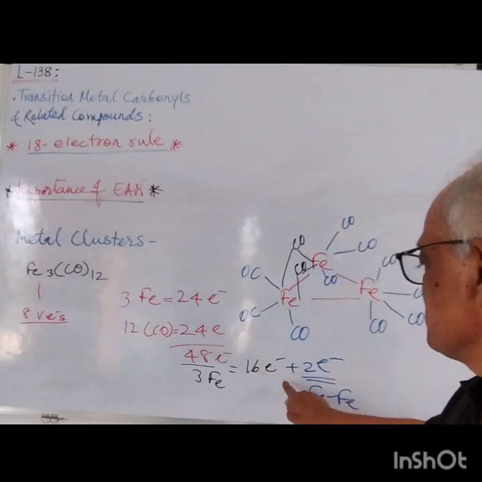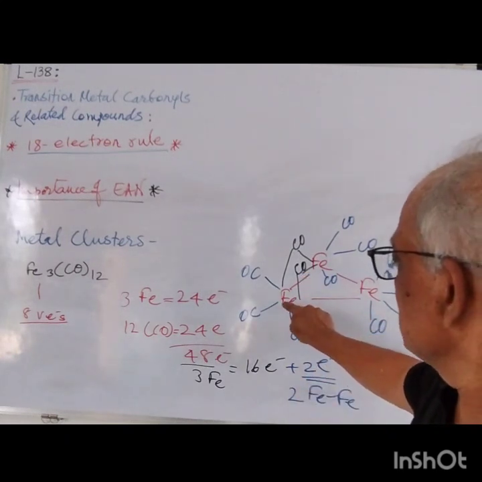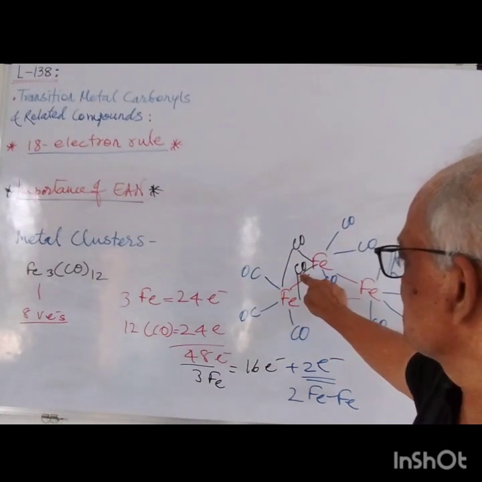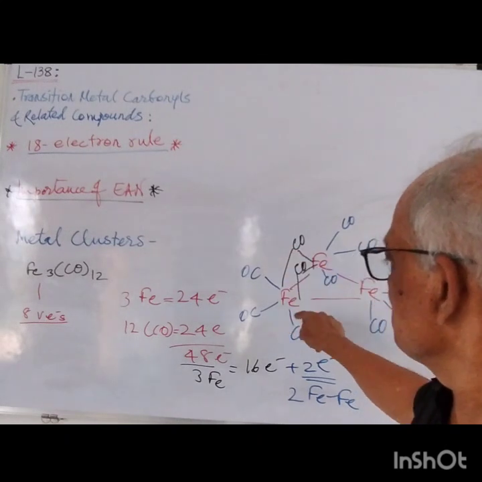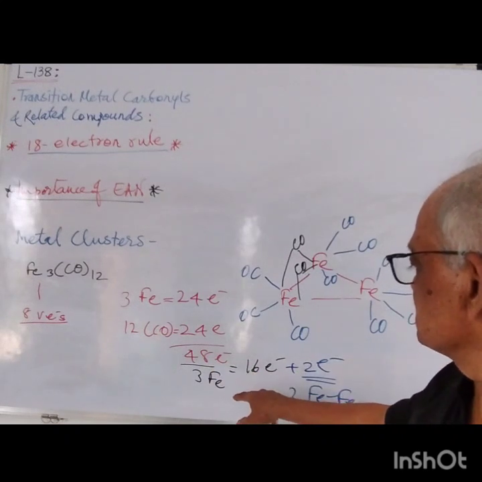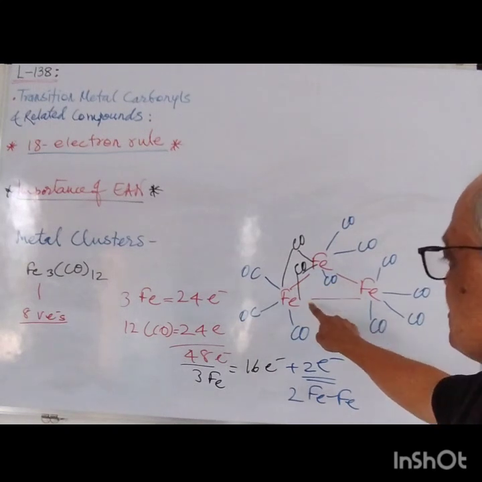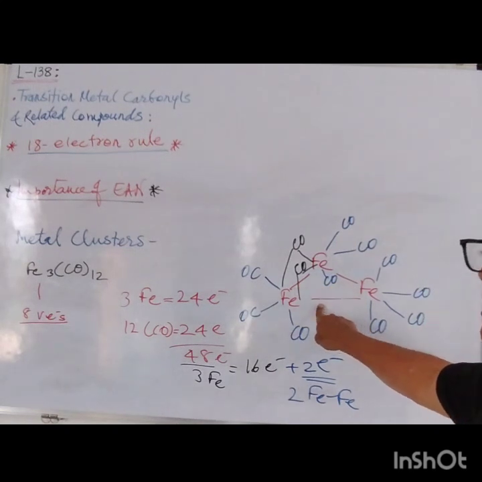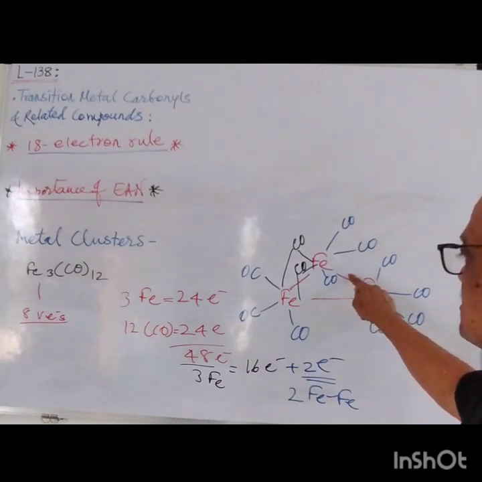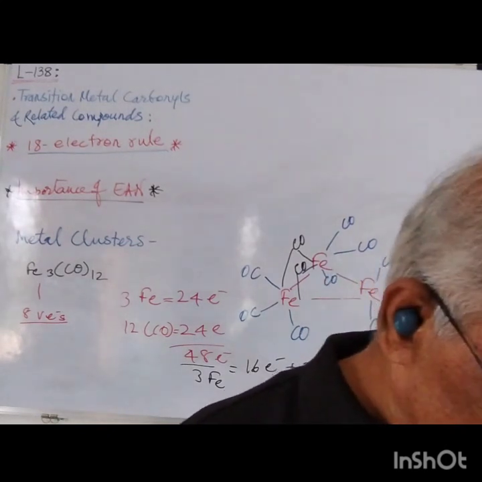So 16 plus 2 electrons are added. If we consider this Fe, one electron is contributed by this bridging CO, another electron by this bridging CO. There are two Fe bonds. So each Fe bond will contribute one electron. This Fe bond will contribute one electron. Similarly, in case of this Fe, this bond will contribute one electron, and this bond will contribute one electron. So in this way also you can find.